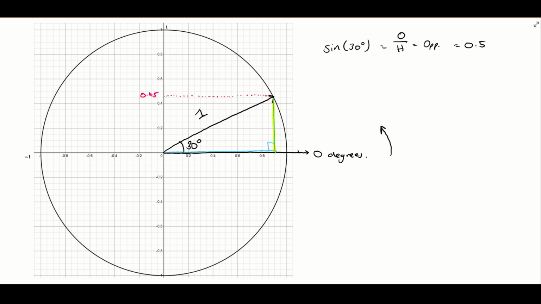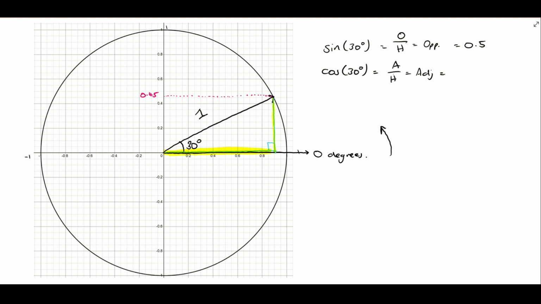Now, what we can do from here is ask, what about the cosine of 30? The cosine of 30 is equal to my adjacent divided by my hypotenuse. And because my hypotenuse is just 1 unit of length, it's just equal to my adjacent. And my adjacent side is this side here.